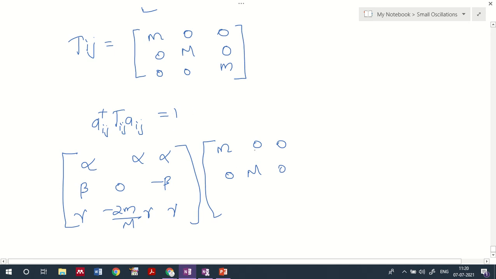If it is, we can say this representation is an orthogonal matrix.